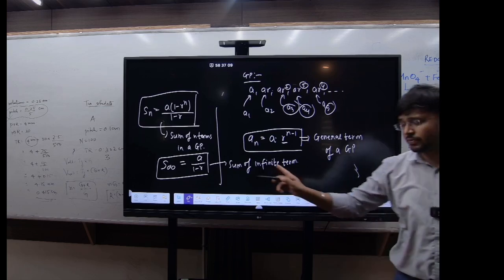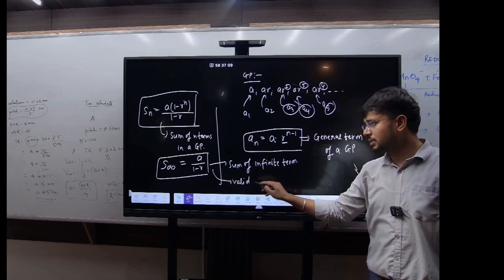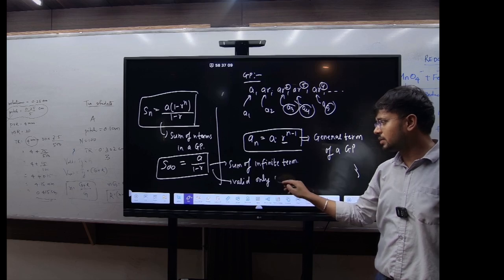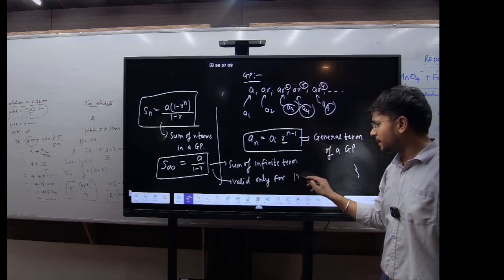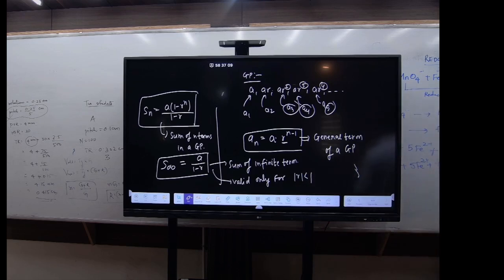Now remember, the sum of infinite terms formula is valid only when r is less than 1. If the common ratio r is less than 1, then only it is valid.